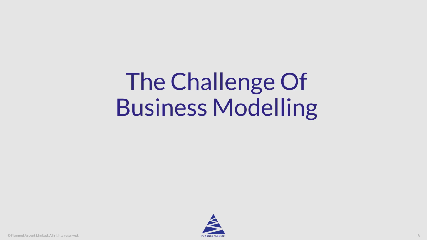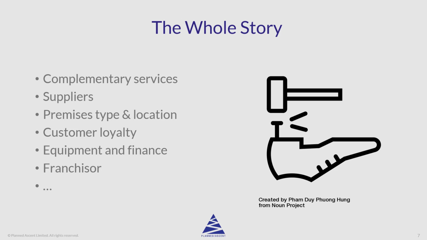The challenge of business modelling. This depiction fails to tell the whole story, however, for there are many other elements that the retailer has brought together to set up and operate their business successfully.